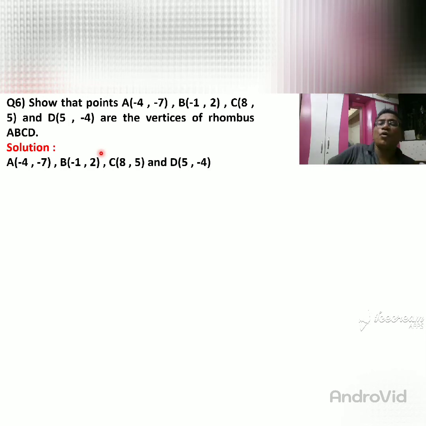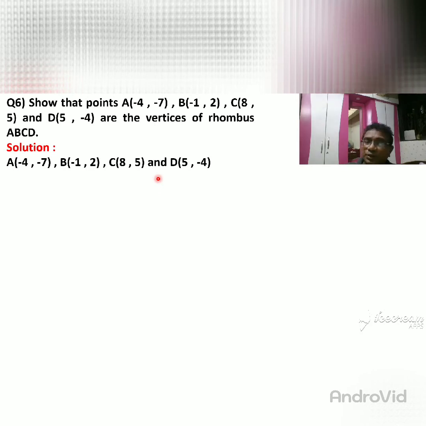So you want to prove that these 4 points are the points of a rhombus. A point is minus 4, minus 7, B point minus 1, 2, C point 8, 5, D point 5, minus 4. To prove that these points form a rhombus means distance AB is equal to distance BC is equal to distance CD is equal to distance AD.